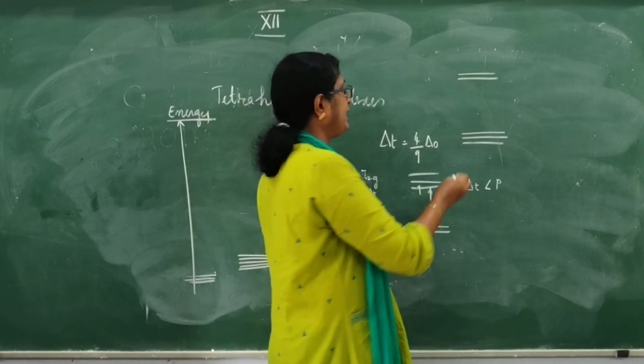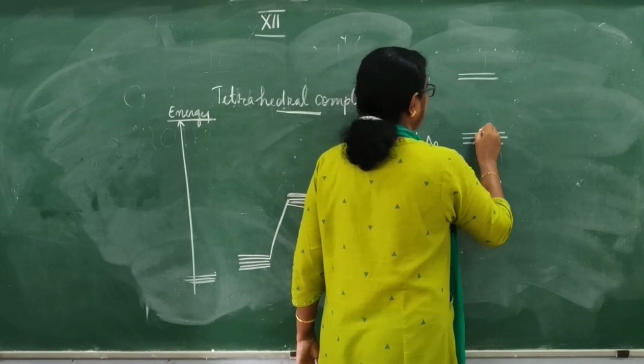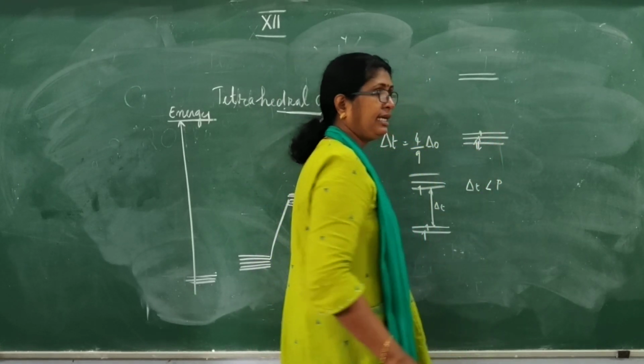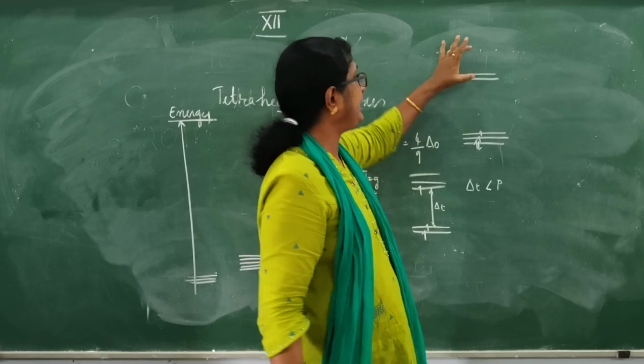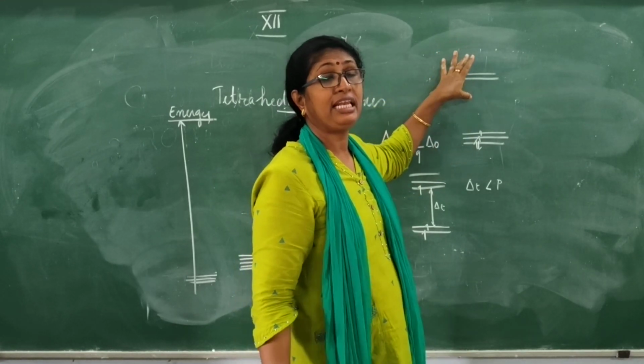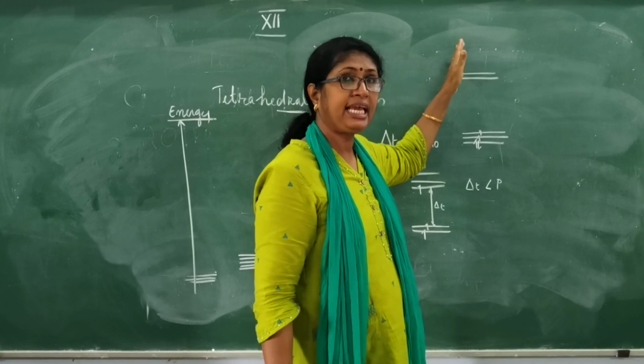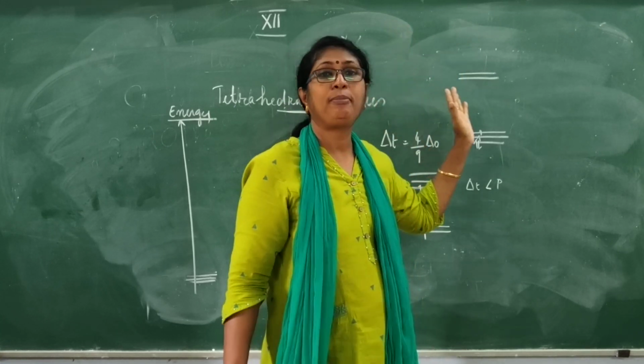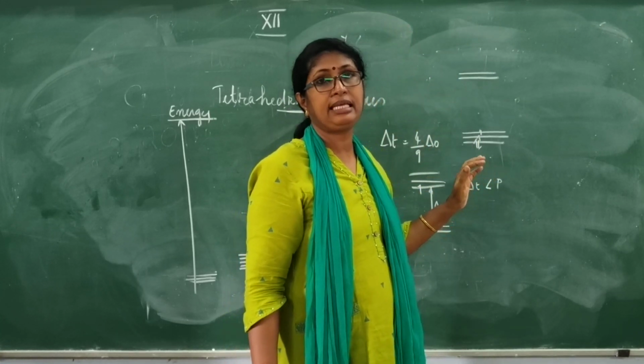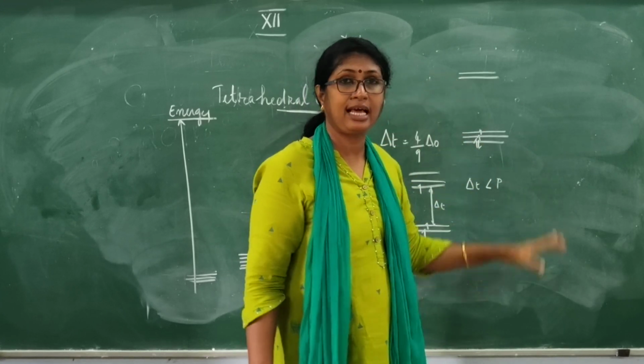So the electrons will get paired 1, 2, 3, then the 4th will go here. Once the electrons get paired, the inner d orbitals are available for hybridization or forming bonds with the ligands. Therefore, they form low spin complexes easily, since the splitting is larger.